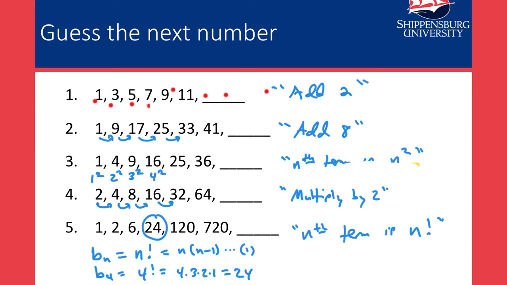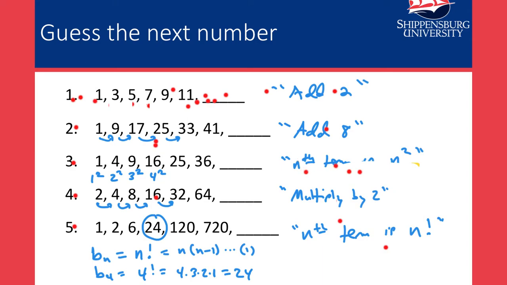Okay, so that gives us a set of examples. I do want to point out the difference in the way we're describing these things. In questions 1, 2, and 4, we're explaining how to get the next term from the previous term. Whereas in 3 and 5, at least the way I've written them over here, I'm providing a formula so that if you just tell me which term you want, I can tell you what that number would be.